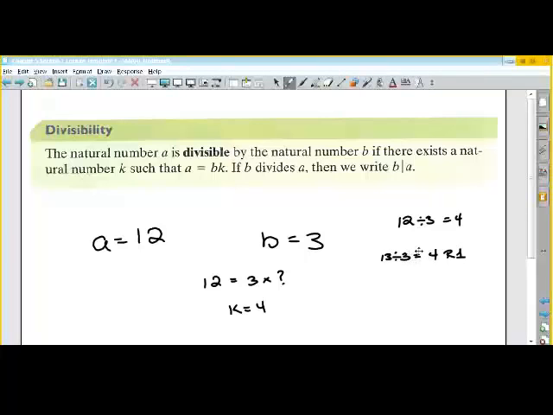I know that 4 times 3 equals 12, it's not quite 13, so I have to add an additional number between 1 and 4 to get the final answer. So that's kind of what the remainder is.